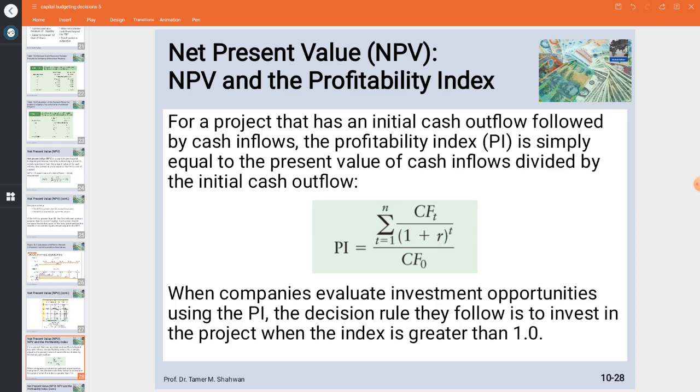The result in this case is compared with specific criteria. If PI is more than 1, the project will be accepted. But if PI is less than 1, the project will be rejected.